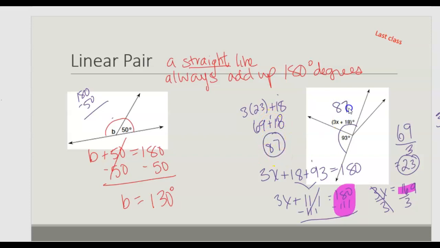So we're saying this is 87 degrees. Now to continue checking, we need to make sure that 87 plus 93 does in fact equal 180. 87 plus 93. And sure enough, it does. So we were able to double check and confirm that our answer of 23 is correct.